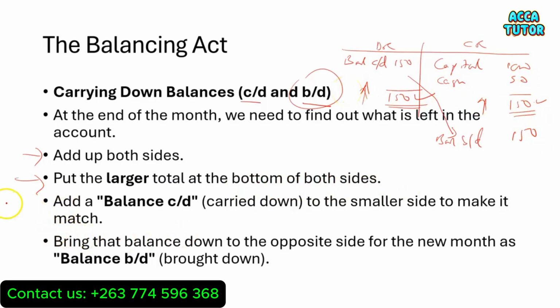And then we need to add a balance CD, carried down, to the smaller side to make it match. Then you bring that balance down to the opposite side of the new month as balance brought down. So this is why I've brought it down like that.